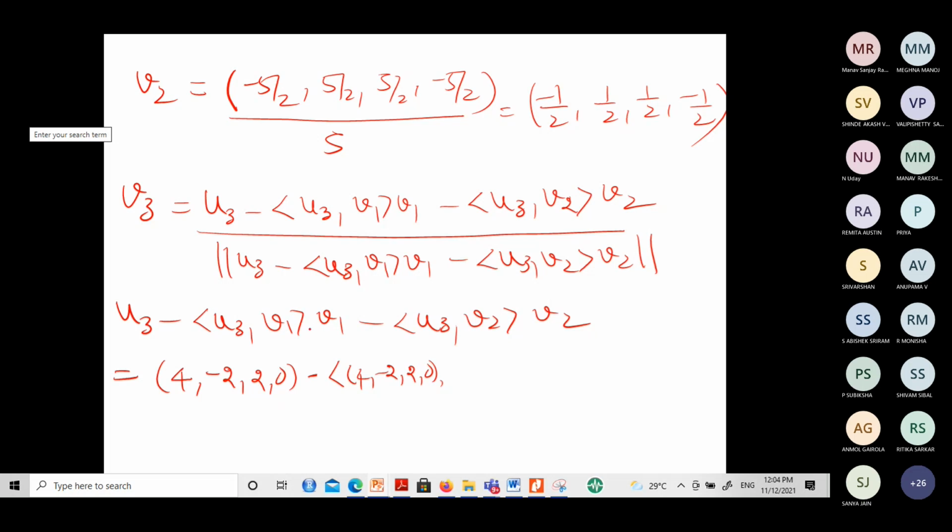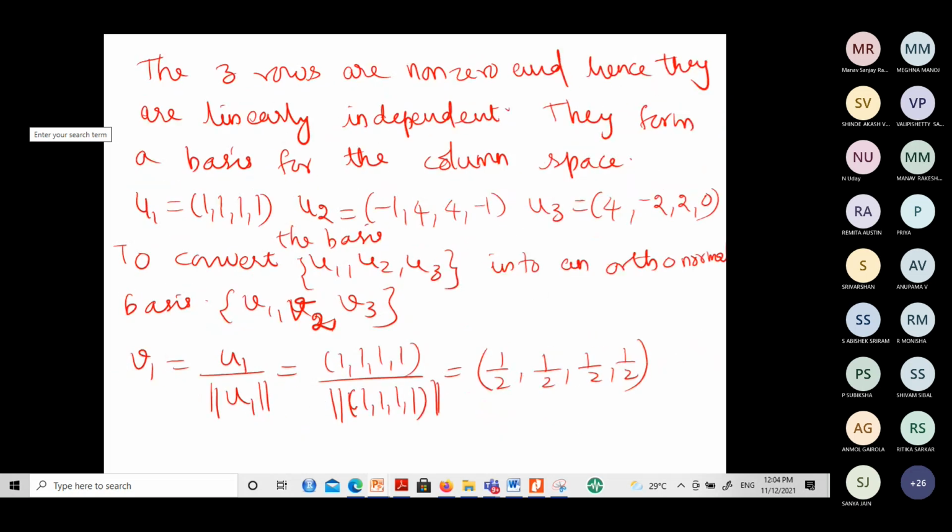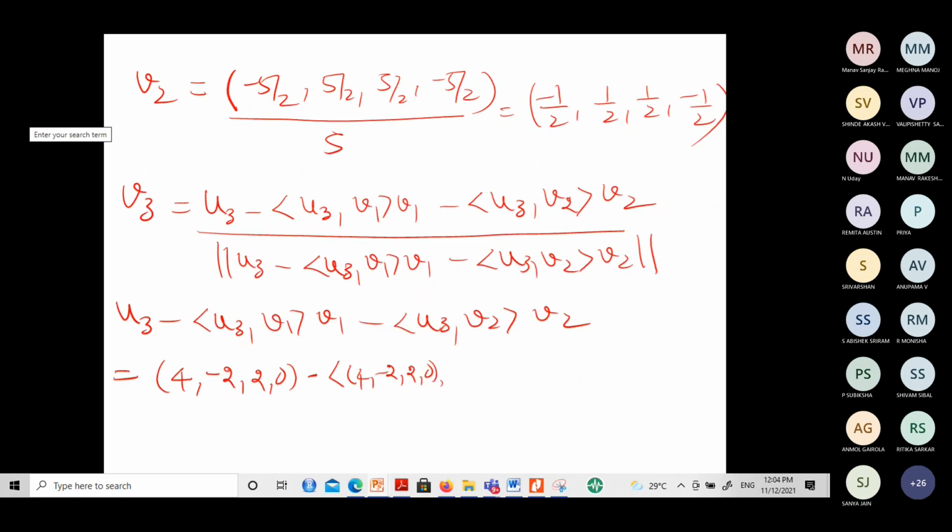What is V1? 1 by 2, 1 by 2, 1 by 2, 1 by 2. So U3 is 4, minus 2, 2, 0, minus the inner product with V1, 1 by 2, 1 by 2, 1 by 2, 1 by 2, into V1. Minus, U3 is again 4, minus 2, 2, 0, comma, V2 is minus 1 by 2, 1 by 2, 1 by 2, minus 1 by 2, into V2.